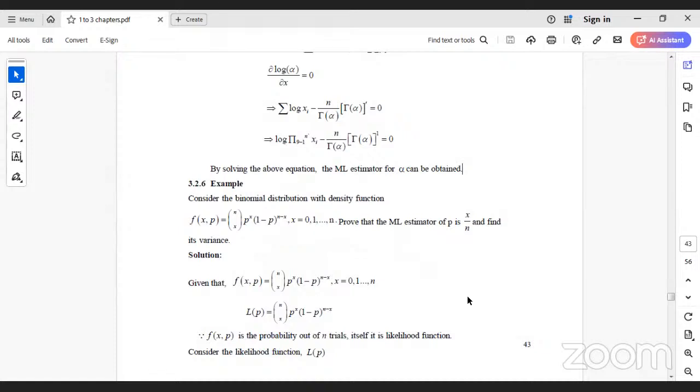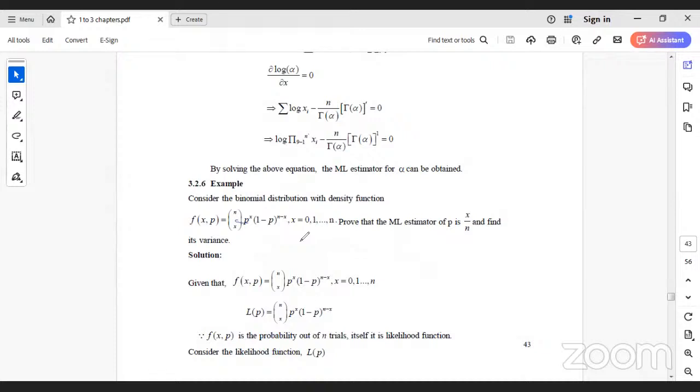Consider the binomial distribution with the density function f(x, p) = nCx p^x (1 minus p)^(n minus x), x = 0, 1. The ML estimator of p is x by n, and find its variance also.